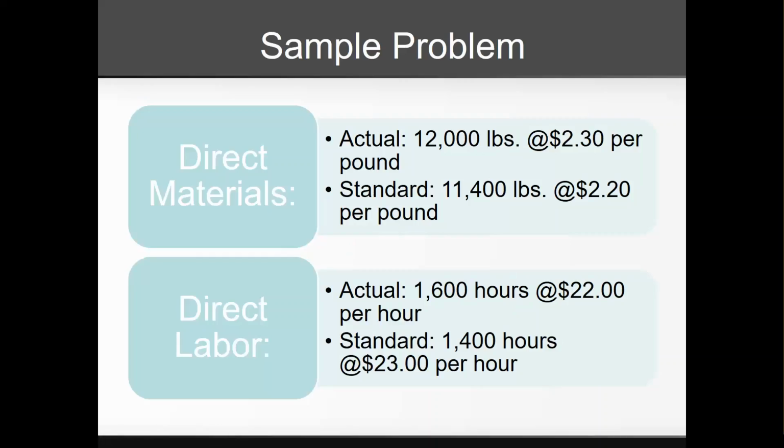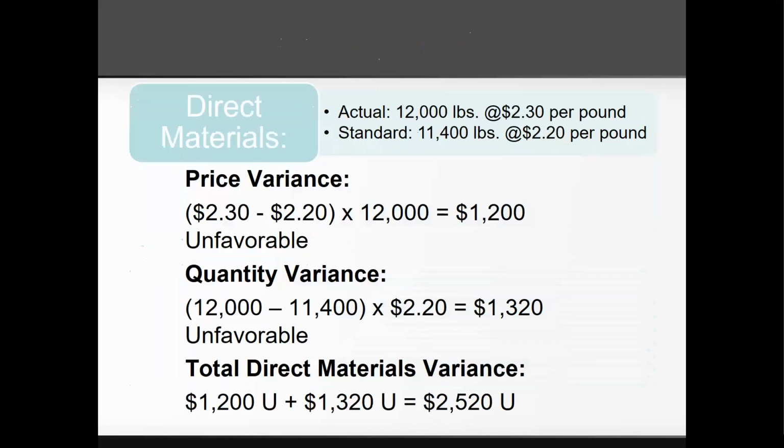The price variance, you're going to take your actual price, which is $2.30, minus your standard price of $2.20, times your actual quantity of 12,000 pounds. And that gives you $1,200 in variance. Because the actual price was higher than the standard price, that variance is unfavorable. On your quantity variance, your actual quantity is 12,000, your standard is 11,400.